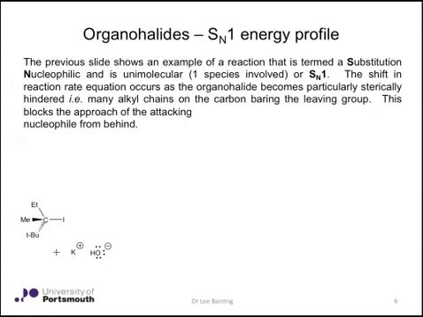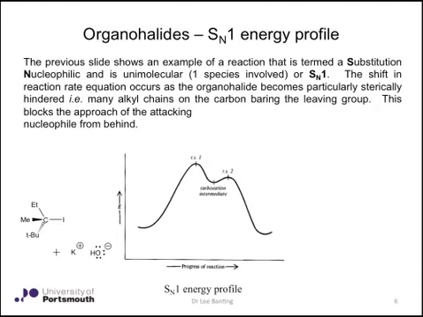So we know about an SN2 reaction. This reaction is going to proceed in a different fashion. Its profile is going to follow this curve. We're going to find that there are two transition states and a low point in the reaction of a stable carbocation intermediate.